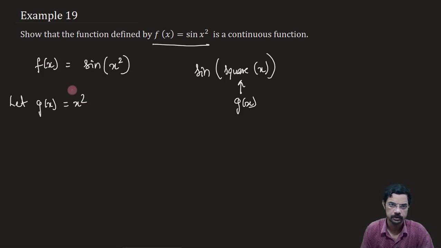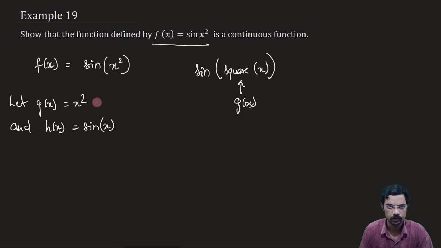Then f of x becomes sine of g of x. Let h of x be equal to sine of x. The outer function will be taken as h and the inner function will be taken as x square.